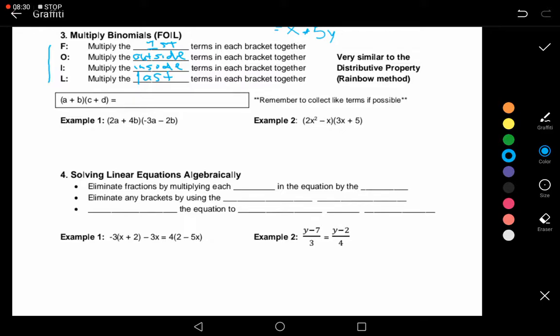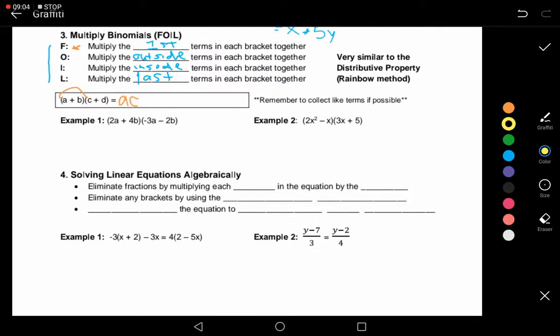Okay, but this time we have two binomials. So I'm just simply going to follow my steps. FOIL means first. The F stands for first. So I'm going to use orange for that. So orange for F. The first term here is A, and the first term in my second one is C. Okay, so A times C, which is going to give me AC. The second says to multiply the outside.